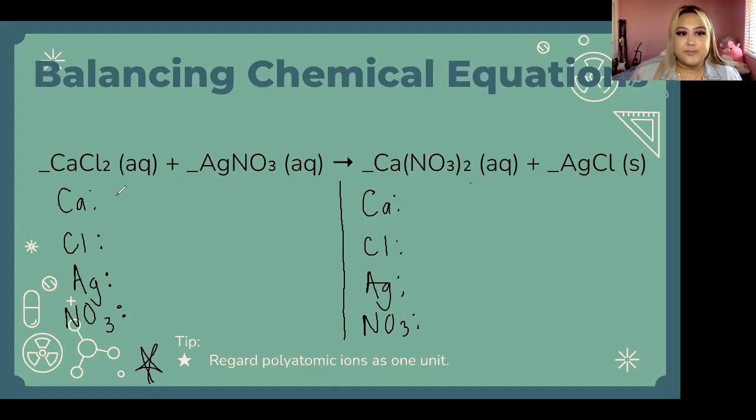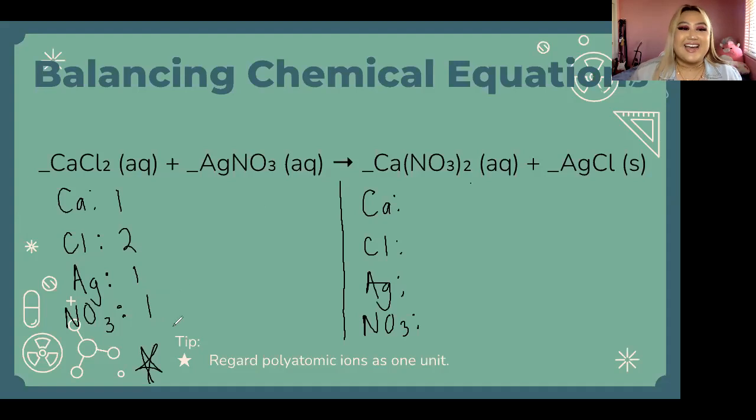We have one. Yeah, 1. And then Cl? 2. Ag? 1. 1, perfect. And then nitrate? 1. Yeah, 1.